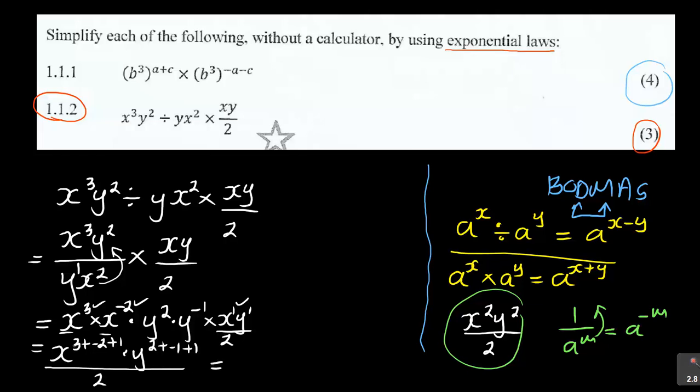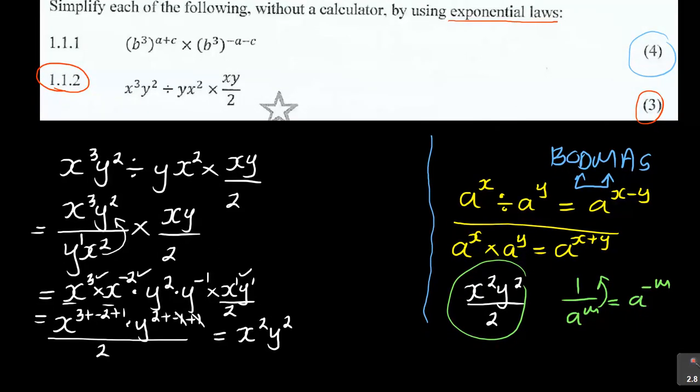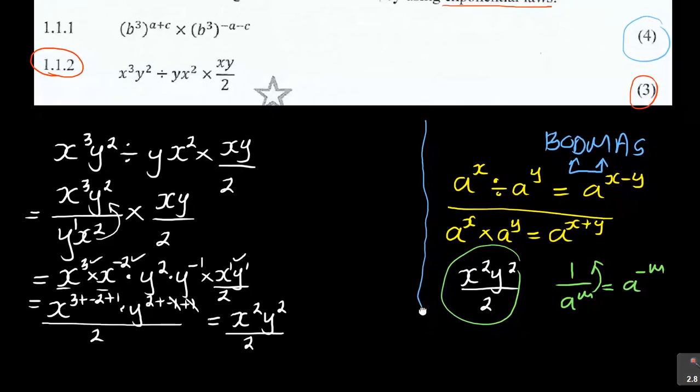Then this becomes now 3 minus 2, which is 1, 1 plus 1, which is x squared, and then y minus 1 plus 1 cancels, and y squared, and that one, everything divides by 2. So you see that the answer that I'm getting was still maintained.